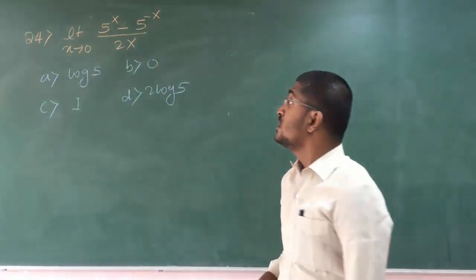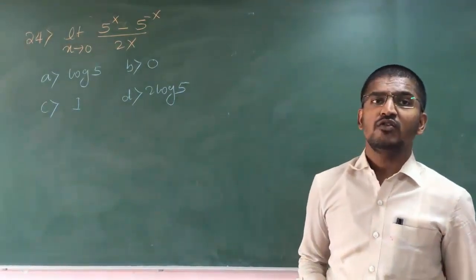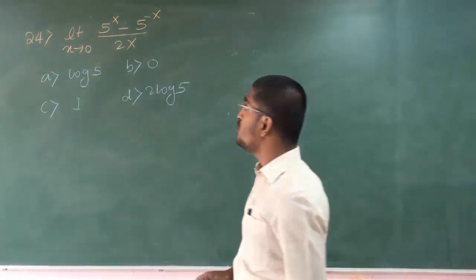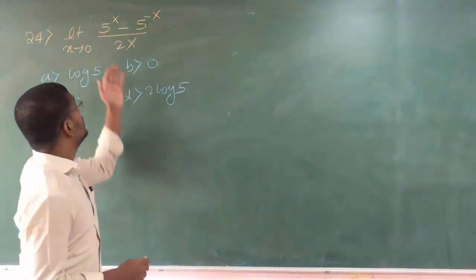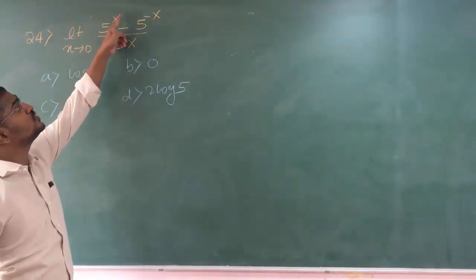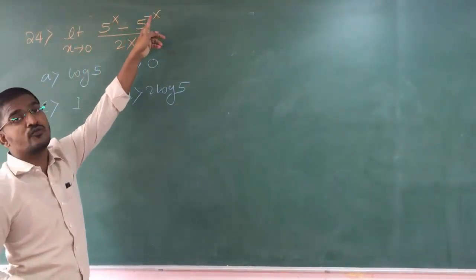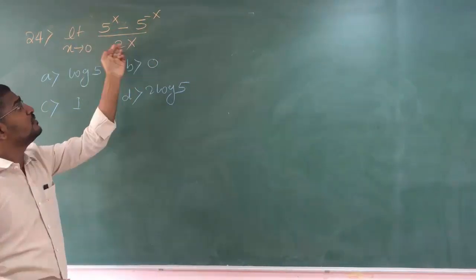Now let us go for question number 24. In this question number 24, they have asked limit x tending to 0, 5 raised to x minus 5 to the power of minus x divided by 2x.